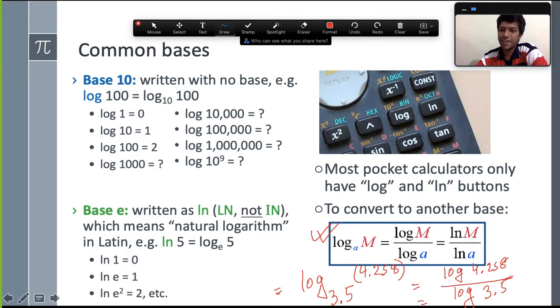Then the answer is the correct answer. You do not even need to write 3.5 as a base because we used the conversion formula. And this works even for ln also. Instead of log, you can press ln of this divided by ln of this. The answer will be the same because that finds the relative value. So the answer will be the same.